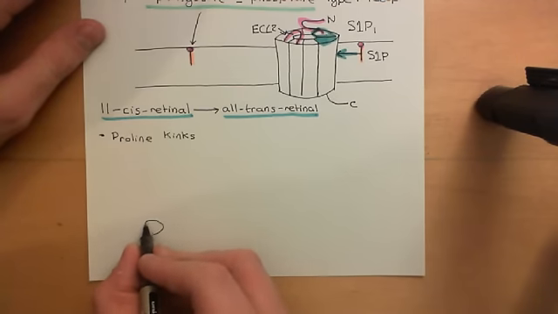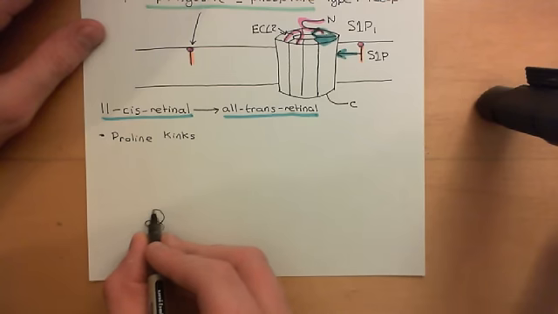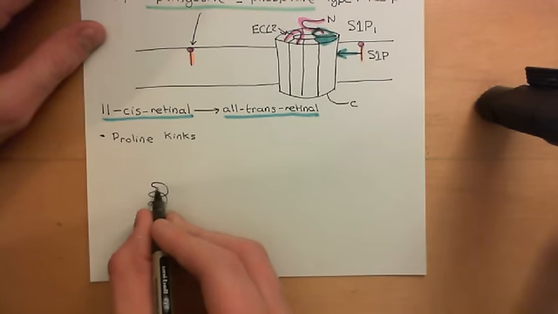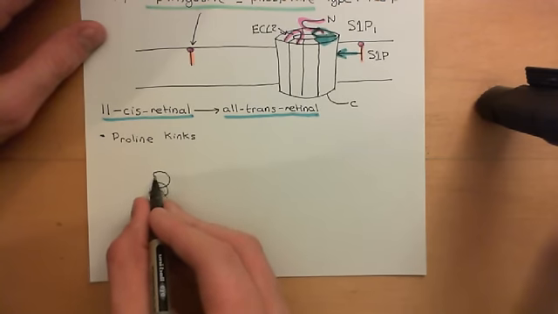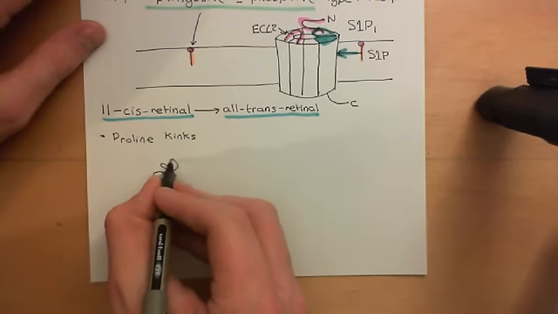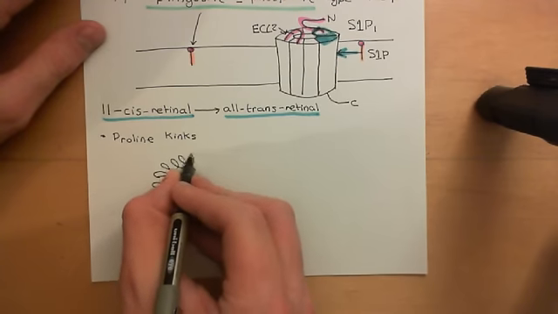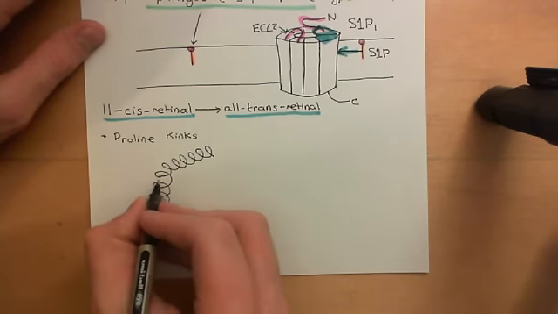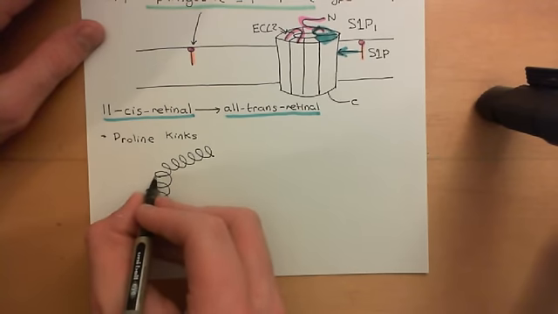So let me show this. Here is the alpha helix shown here, and I'm trying to show it as regular as possible. I'm failing a little bit, and then suddenly you'll come to a proline, and we'll say the proline's here, and then suddenly it will kink, and it will start going off in a totally different direction, like so. Where should I show the proline? I'll show the proline here.